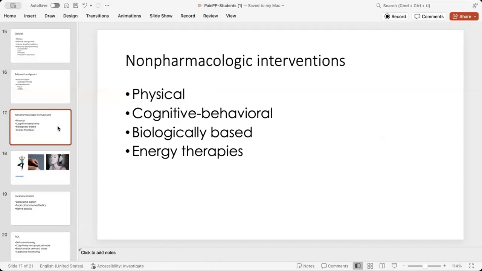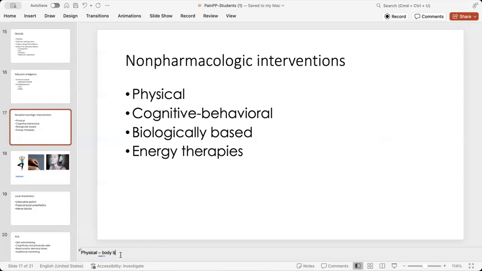All right, so that's pharmacological. Now let's talk a little bit about non-pharmacological interventions, okay? These are not using any type of medication, right? And there's a variety of different kinds of interventions here. Physical and cognitive behavioral are the ones that we're going to focus on, okay? Your physical is more of your body, right?